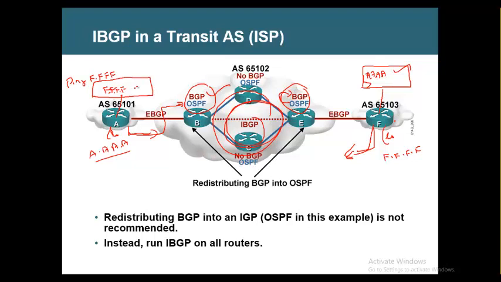What if the same FFF is also there inside the provider's network? What if that same network? It will conflict. Not only that, when you redistribute from OSPF to BGP, not simply AAA is getting redistributed, even the internal networks get redistributed.